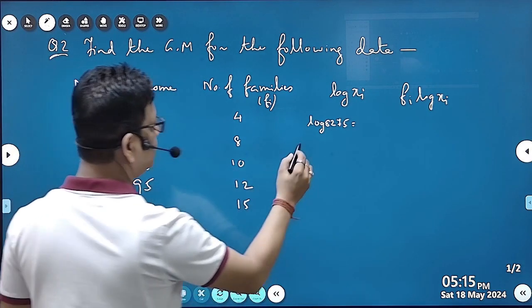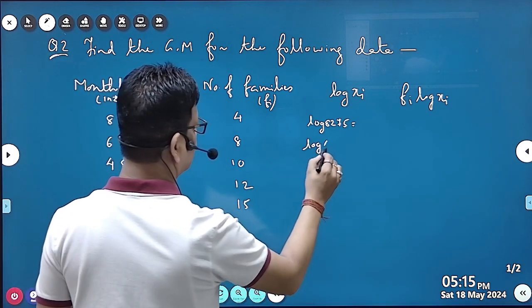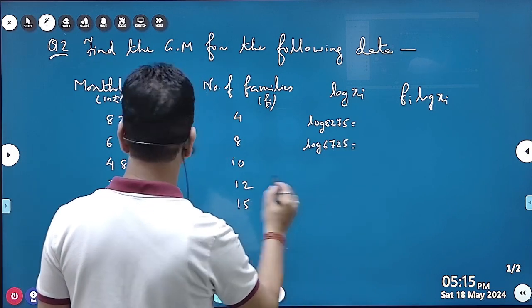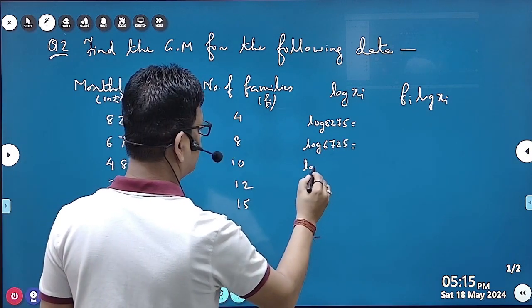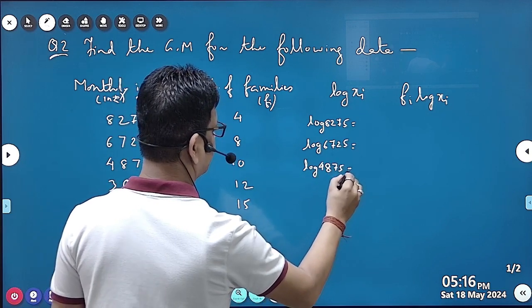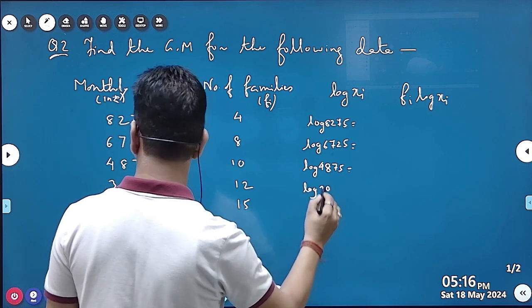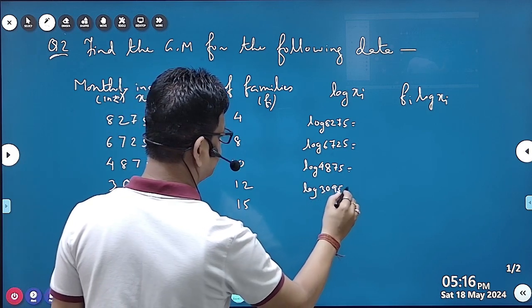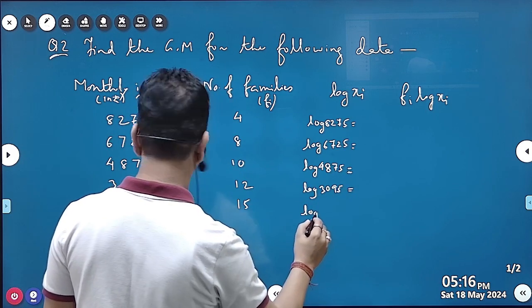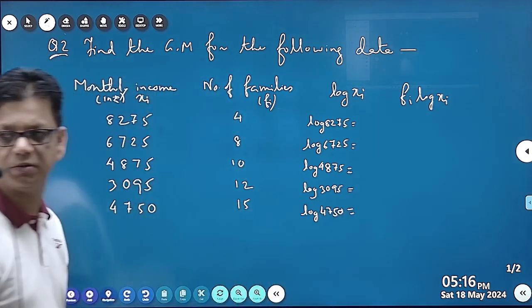Similarly, we will find log of 6725, then log of 4875, then log of 3095, and then log of 4750. Actually, we should write directly. I'm just writing so that you all understand.